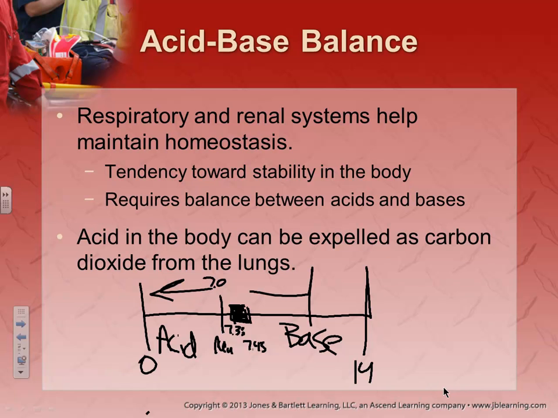Acid, because an acid is anything that can donate a hydrogen ion, right? Which means it's got an abundance of hydrogen ions. So the renal system is either going to decrease the amount of hydrogen and maintain the amount of bicarbonate, or it's going to increase the amount of hydrogen and decrease the amount of bicarbonate. Okay? And again, this is something that if you're not quite grasping, you're just going to have to read over it and look over it.